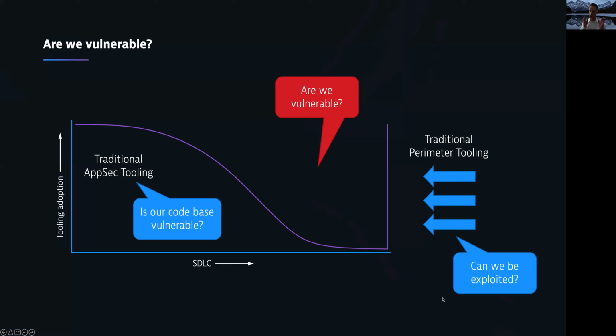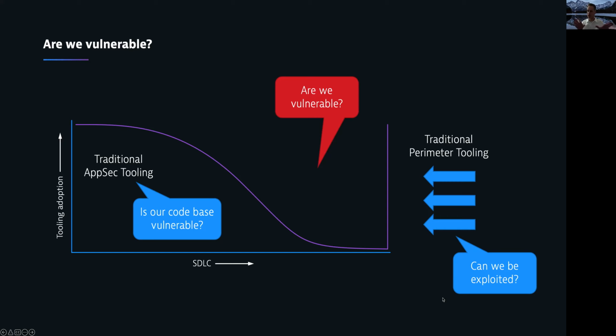Because you point a static tool to a repository and want to know how many occurrences, let's say, of Log4J, and what versions do I have in my code base. So you answer that question, and with the perimeter tooling, you scan endpoints or things like that, or maybe even look at hosts. You might be able to find out how many hosts I have where I find a Log4J file or Log4J in the file name.